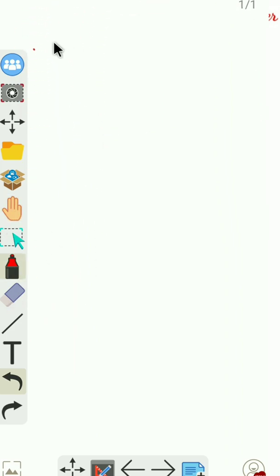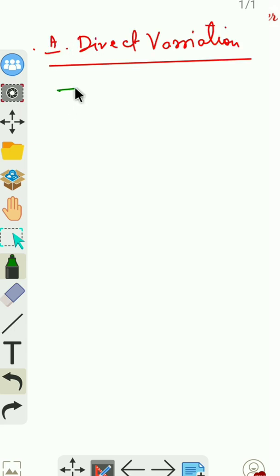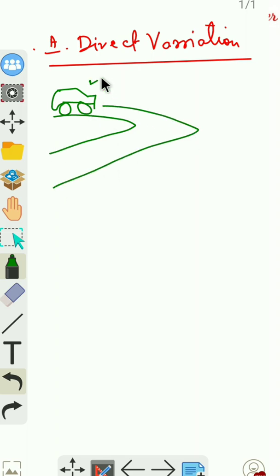So then what is direct variation? Supposing we consider a van covering a certain distance. To run this vehicle, we need petrol.